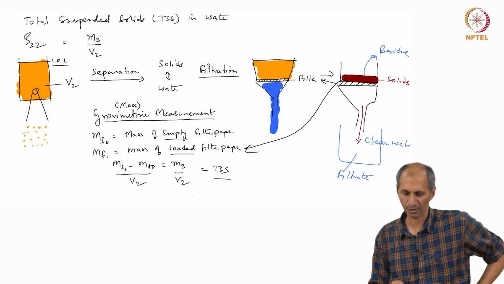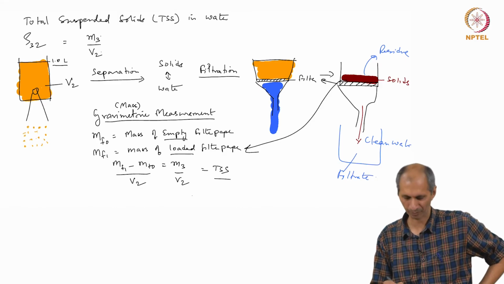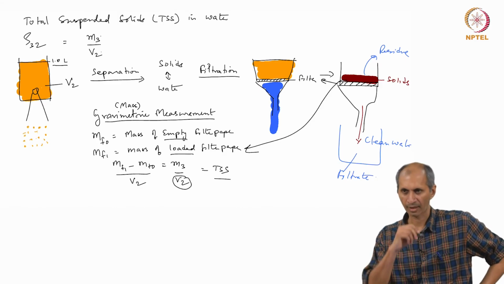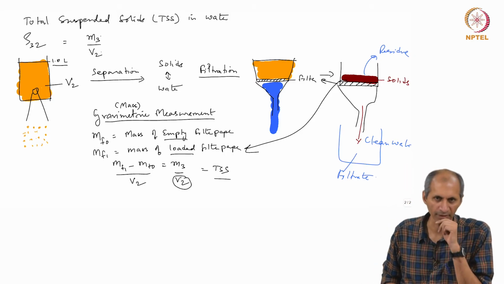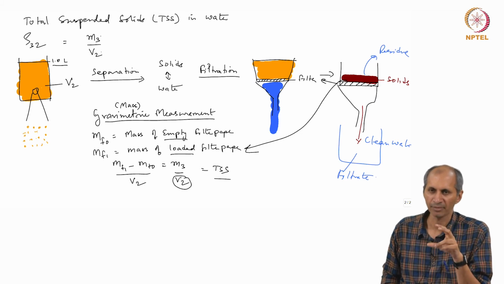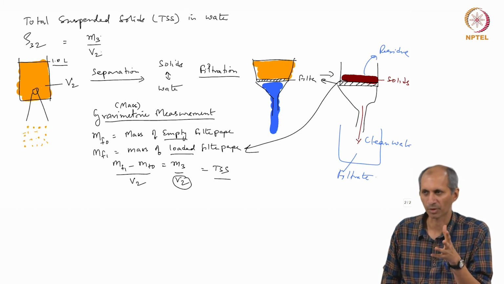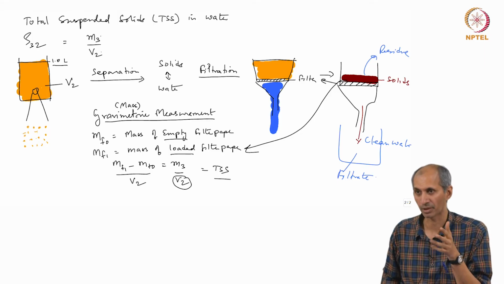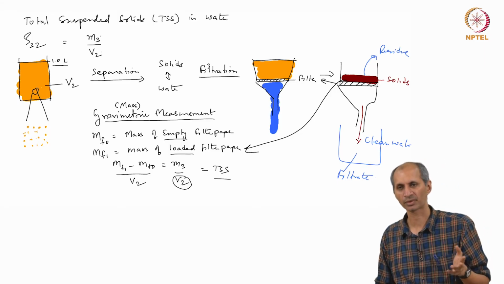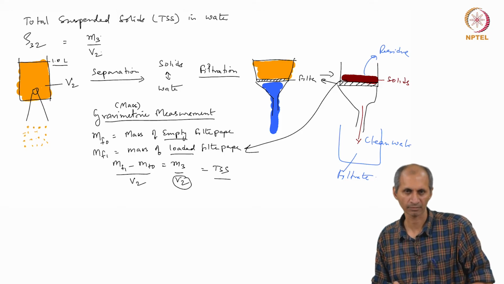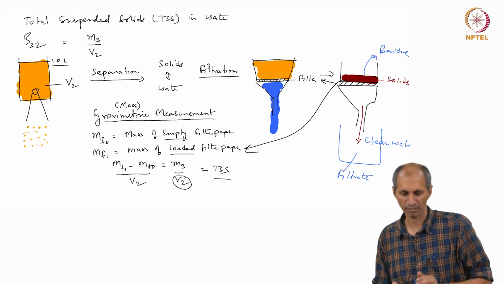Now, how is this related to sample volume? Because there is a certain amount of suspended solids concentration in the water. If I take a water sample that does not look brown, does not look even yellow, can I say that there are no suspended solids in it by this method?